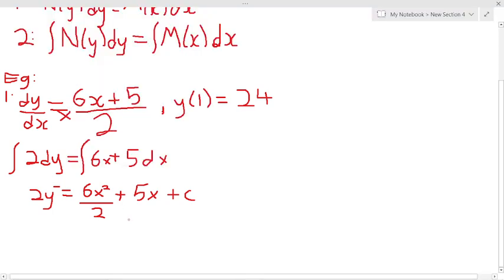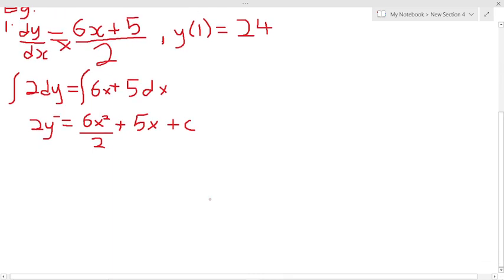So now all we do is to further simplify. We have 6x squared over 2, which gives 3x squared here. And with this side, we also have the 2 dividing through all.